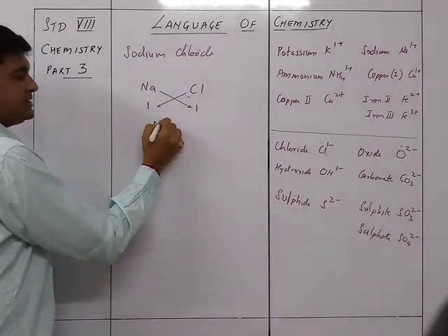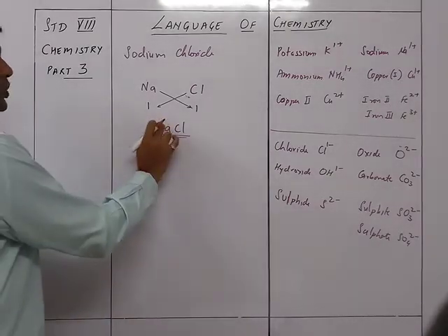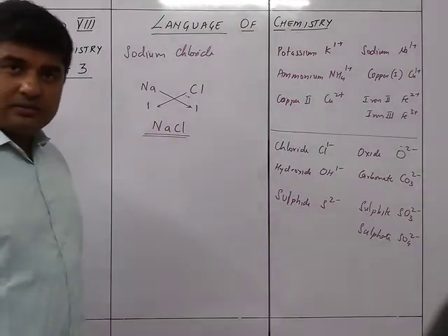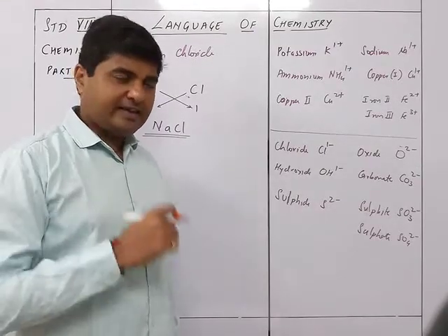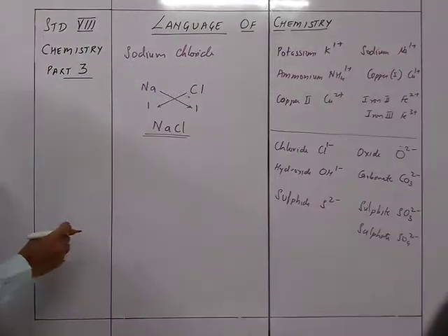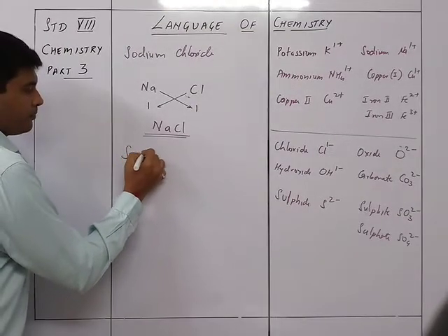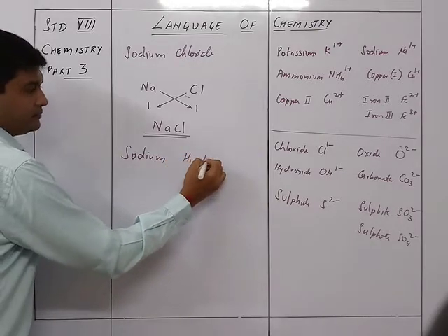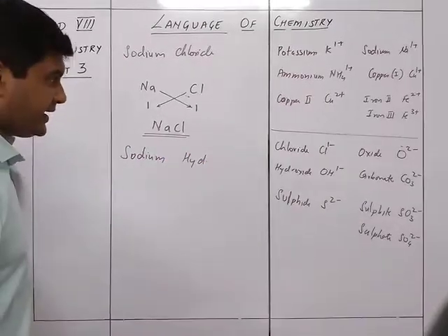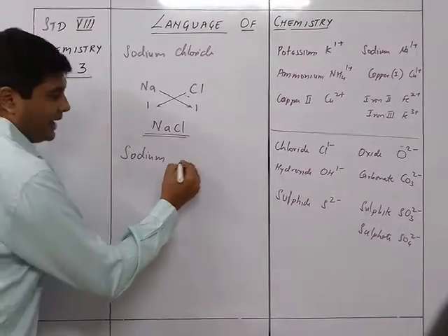So the symbol for sodium chloride is NaCl. Got it? Let's take another example. We'll take the example now of sodium carbonate.